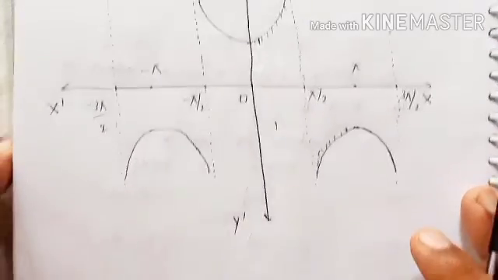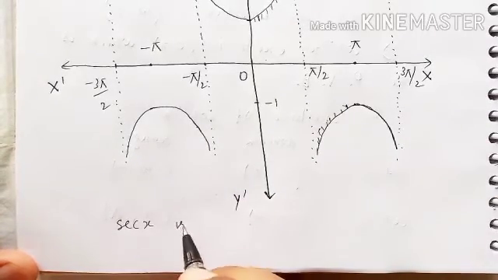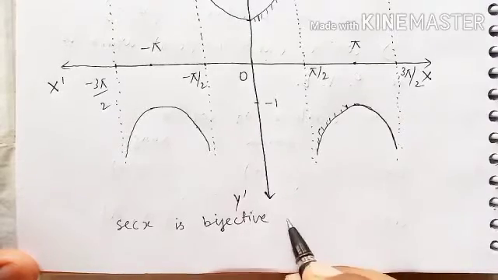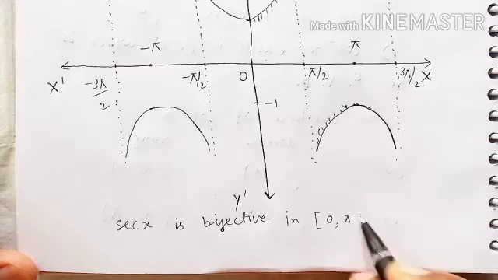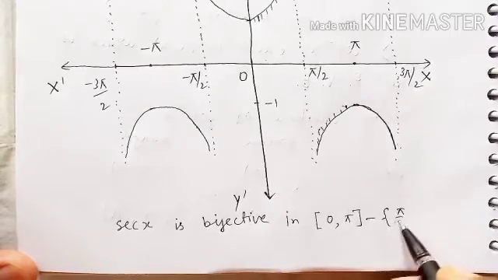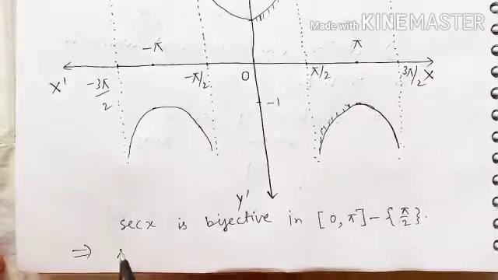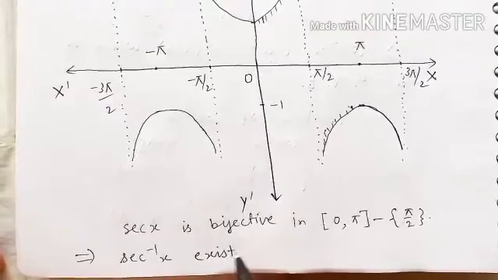So we can write that sec x is bijective in this interval, which implies that sec inverse x exists.